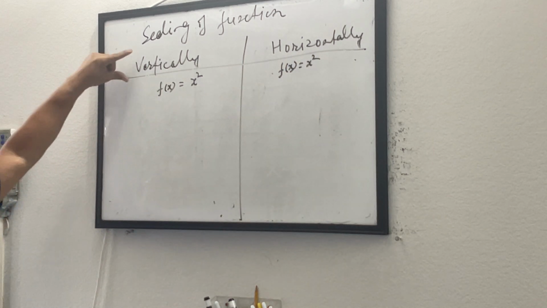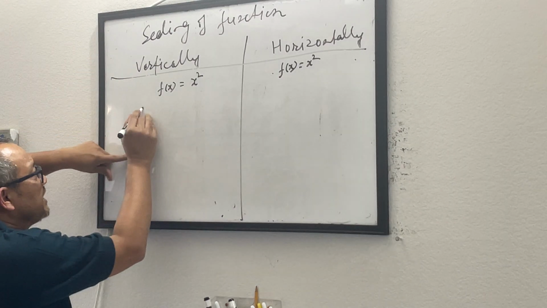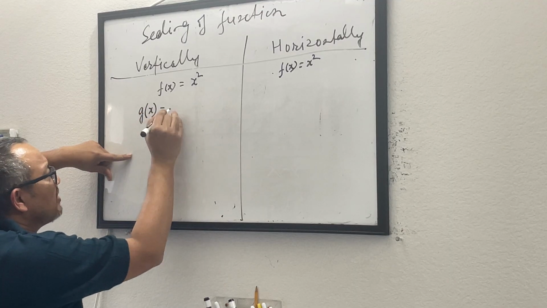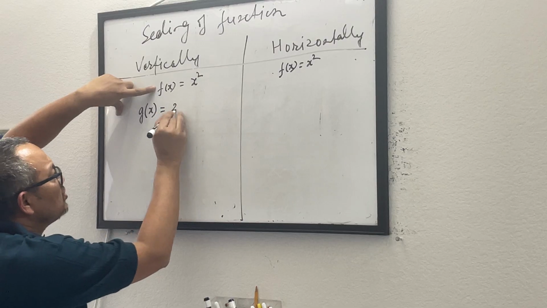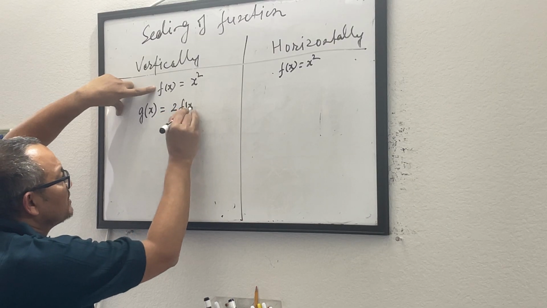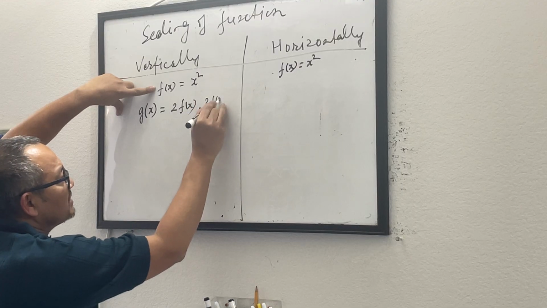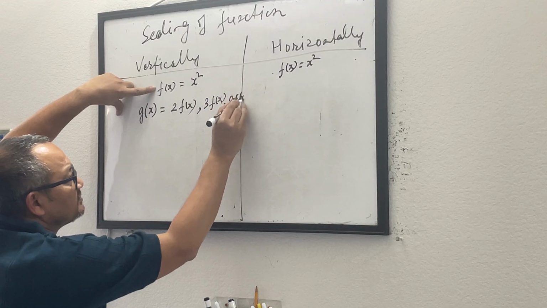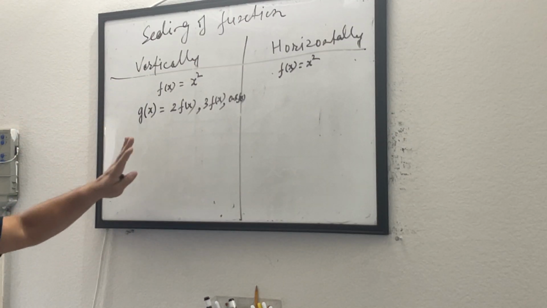When I am talking about scaling this function vertically, I am saying a function g(x) is created from f(x) such that it is 2 times f(x), or 3 times f(x), or 0.5 times f(x). And you guys must be thinking what is going on here. Let's not worry about it.